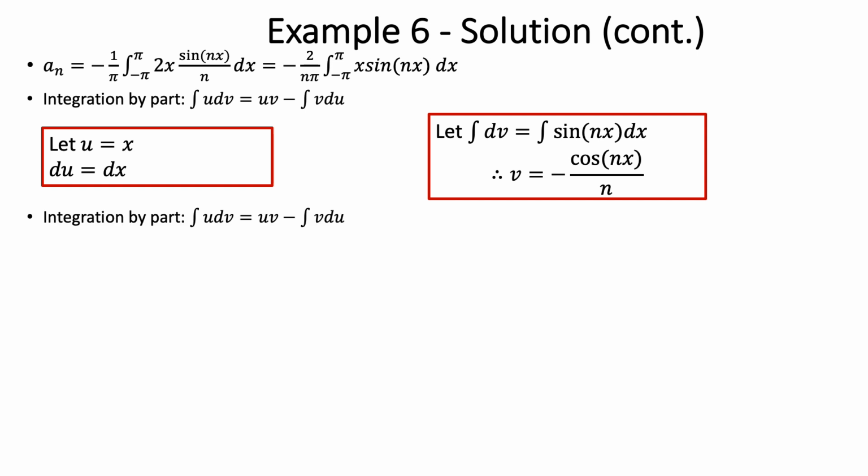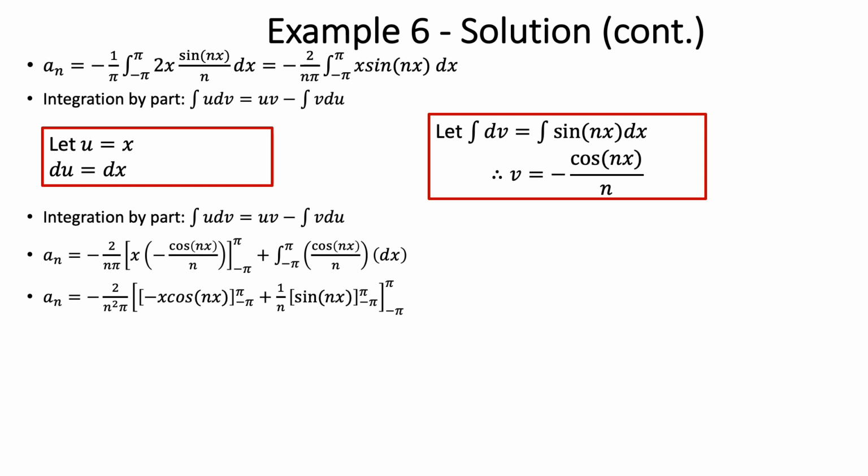So our an will be minus 2 over n pi times x minus cos nx over n for minus pi to pi plus integral minus pi to pi cos nx over n dx.